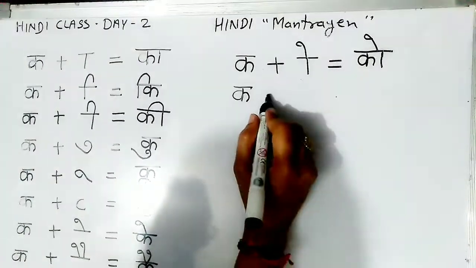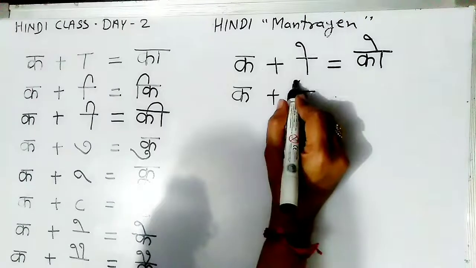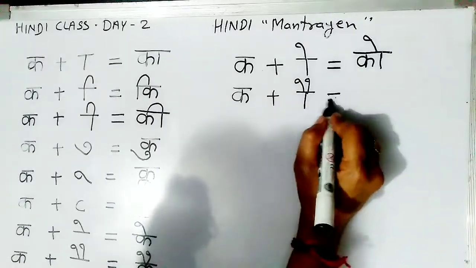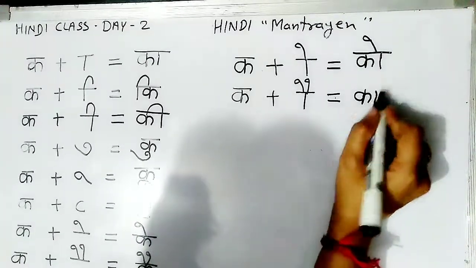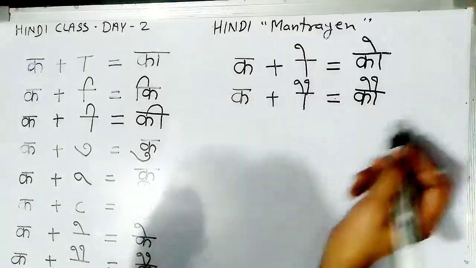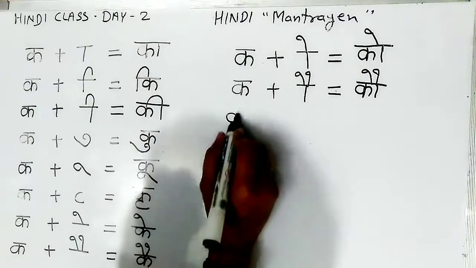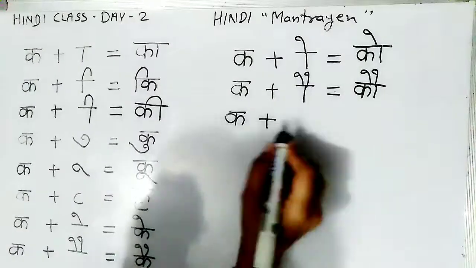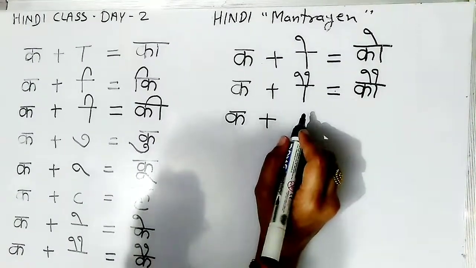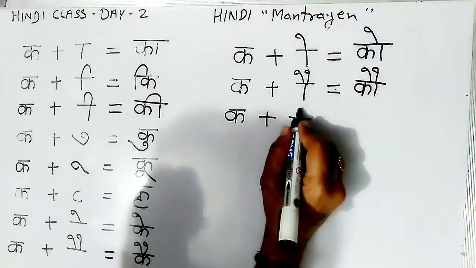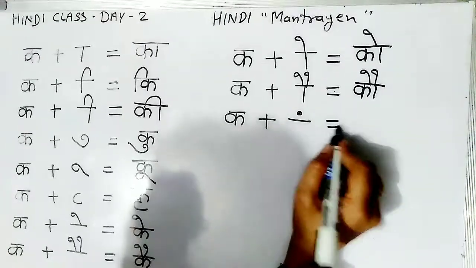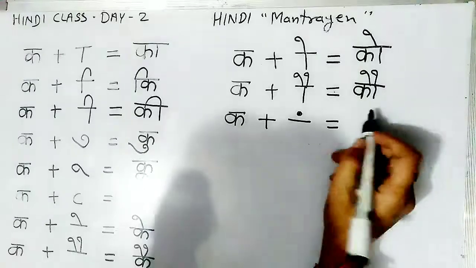K plus the matra of Au makes Kau. K and this is the matra of Ang, spelling A-N.